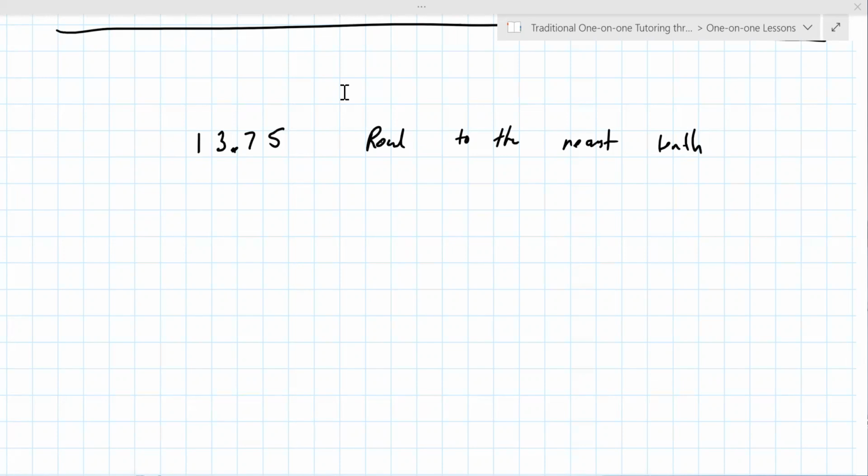Okay, so again, like we've done a bunch of problems in a row. This is the tenth. This is the number to the right of it. 5. That's right. So you write the 13.7 and you said it rounds up. So we have to add the next tenth to it.